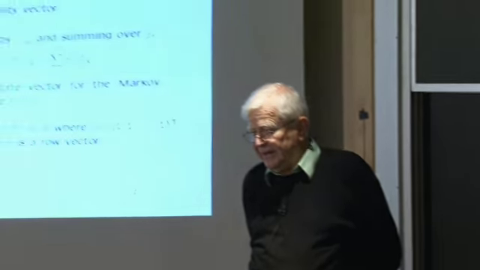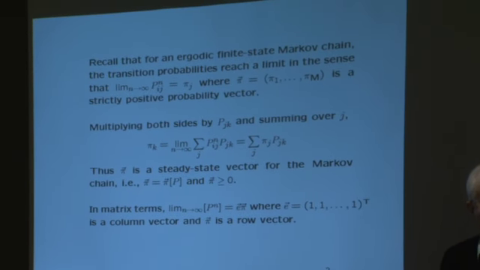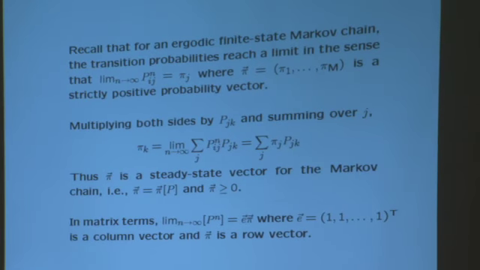And of course, this matrix tells you the whole story there, because if you go to steady state and the Markov chain forgets where it started, then P sub ij to the n goes to some constant pi sub j, which is independent of the starting state i and independent of n asymptotically as n gets big. So this pi is a strictly positive probability vector.